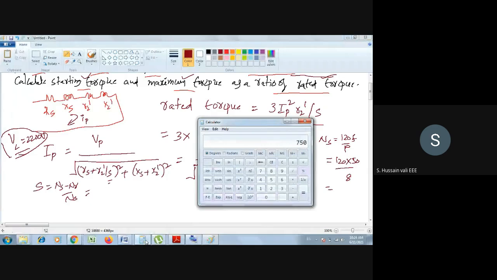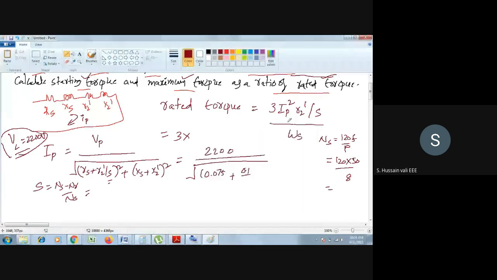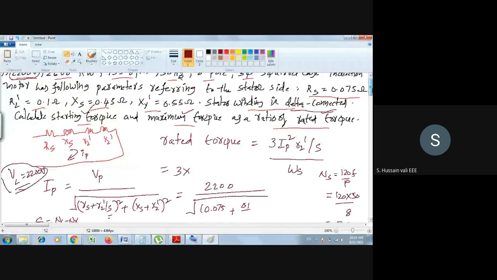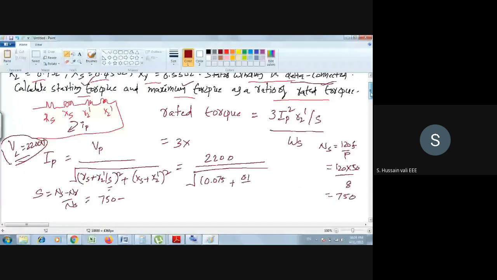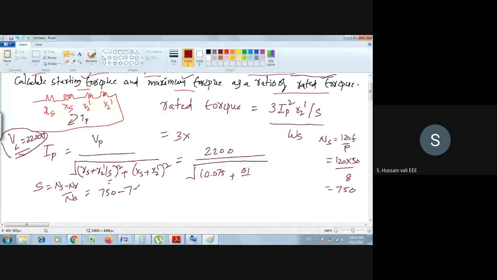750 RPM. So we got Ns as 750. So you put here 750 minus... The next thing is, what is the rated speed? Yeah, 735 RPM he has given in the problem. See this, yeah, this one. 735 RPM he has given. So we will put 735 here by 750.